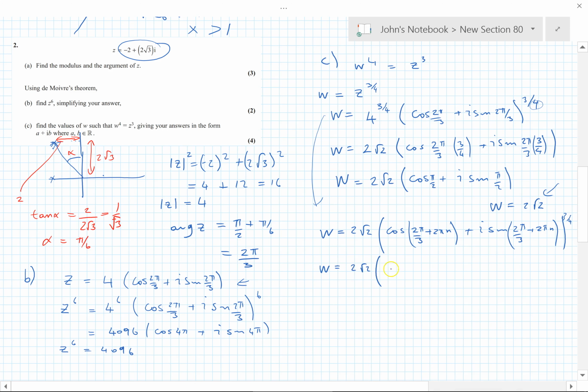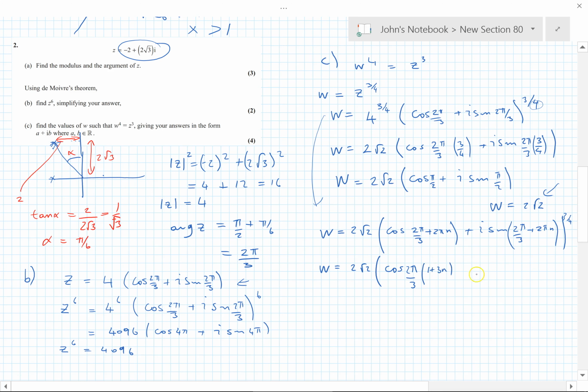2 to the square root of 2 cos, and then we got pi times by 2 pi over 3, I think this is just what I've just done, to be honest, 2, and then that's 1 plus 3n.